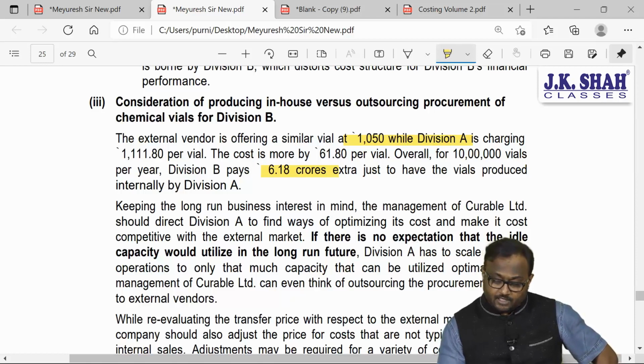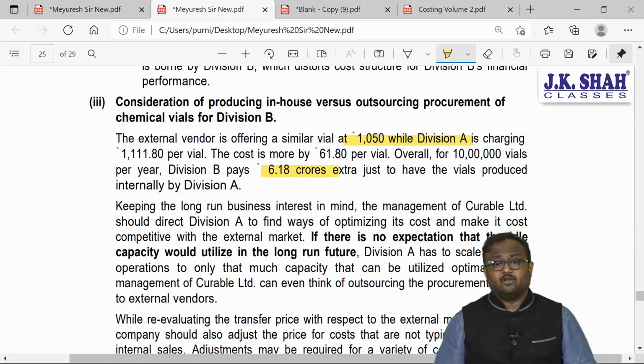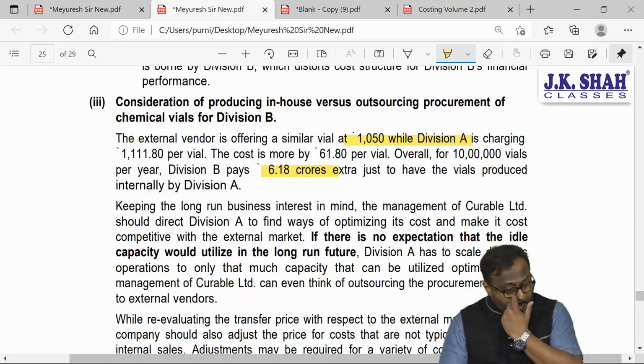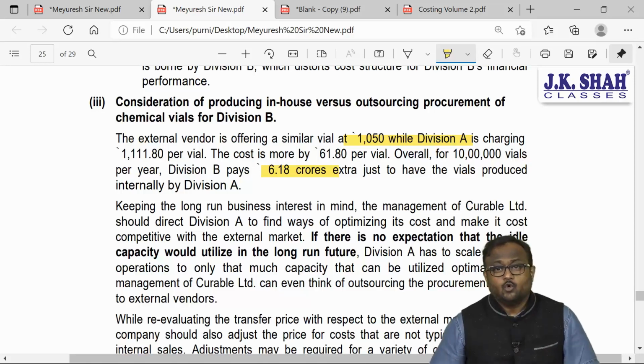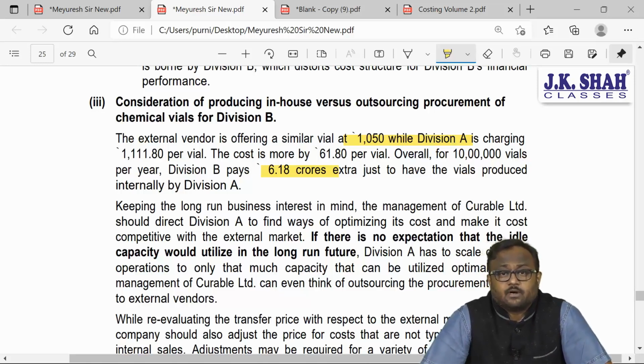If there is no expectation that the idle capacity would be utilized for longer. See, your idle capacity will not be utilized. Problem is, if A doesn't reduce its price, B will have an option of buying it from outsider.